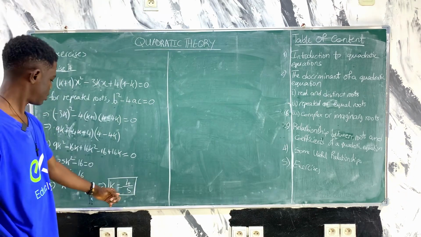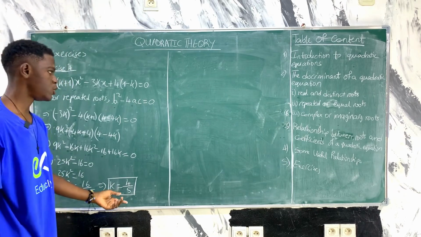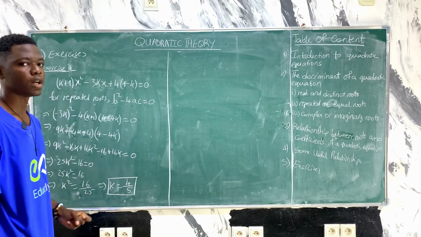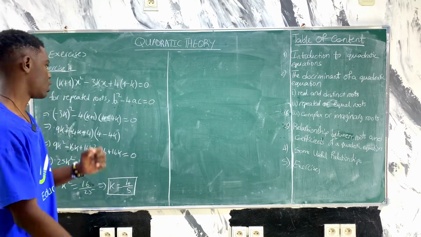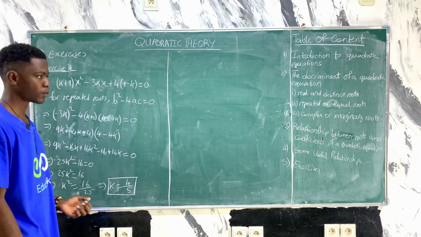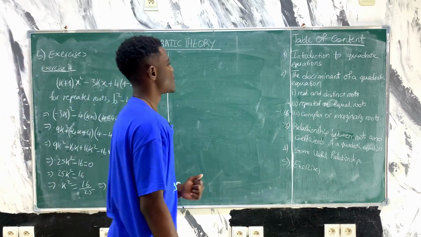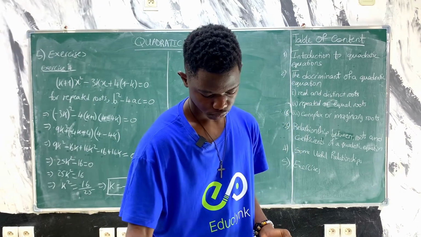And due to the equality here, it is not an inequality, it's an equality. Something is equal to something means it has a unique value. So yeah, we have solved the fourth exercise.